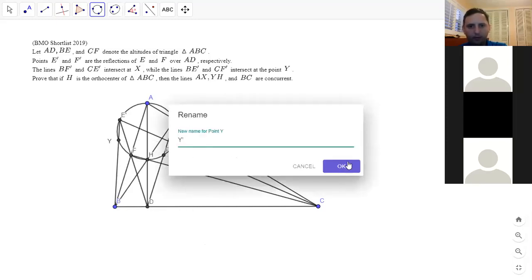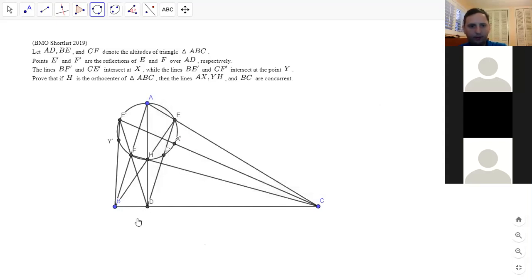And first of all, do we even need that E, F prime, and D are collinear? Oh, I guess that's obvious by Blanchet's theorem, right? So, yeah. All right. Okay, so show by Pascal that X, F prime, and B are collinear on that.